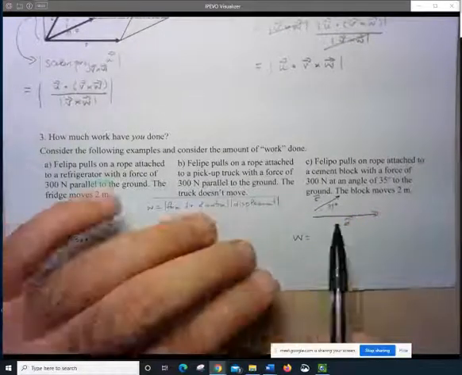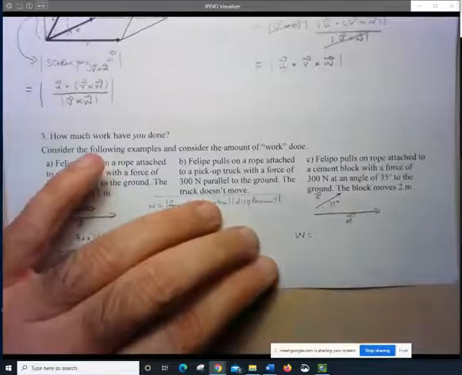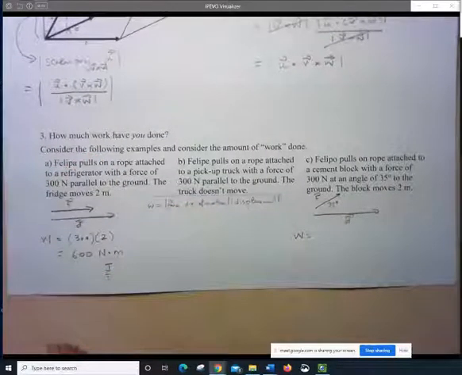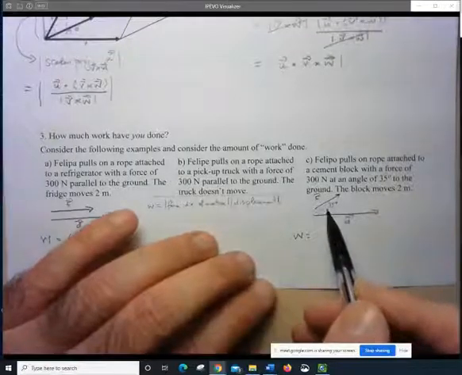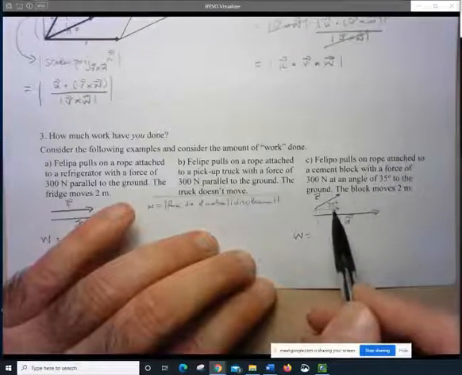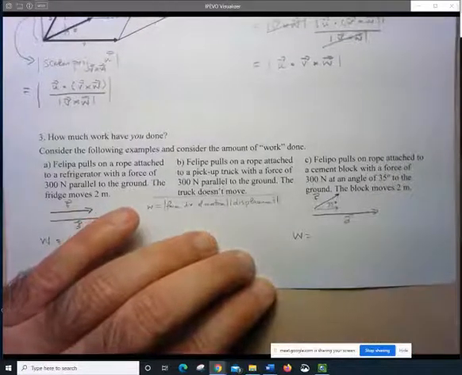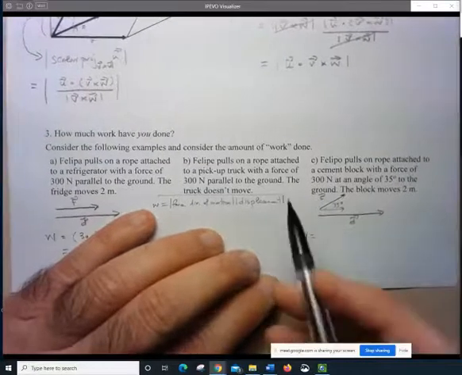Well, what is the force in the direction of motion? Is it still 300 newtons? No, because the direction of motion is going to be only the horizontal component of this force. Now, we've seen this many times.